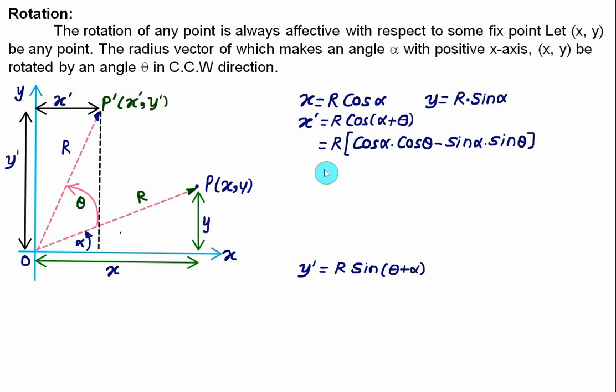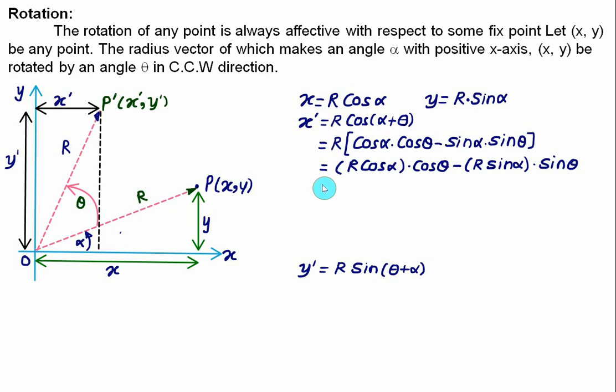Since we know that r into cos alpha is the same as x, we club the first term as r cos alpha multiplied by cos of theta, and r sine alpha is y, so minus r sine alpha multiplied by sine of theta.